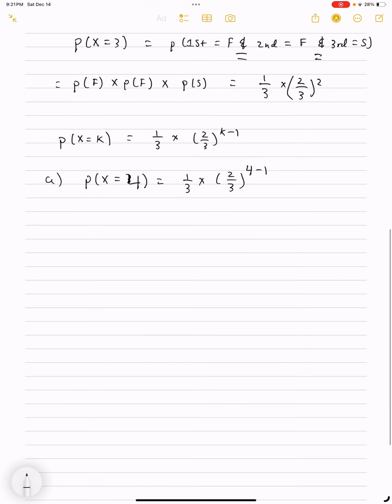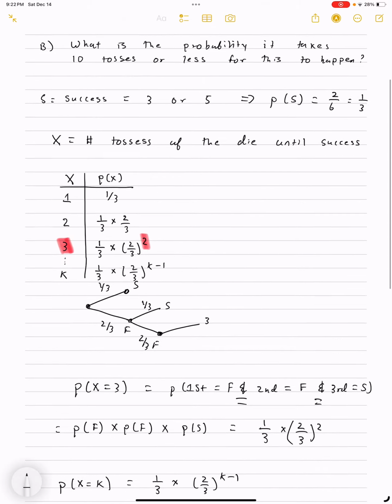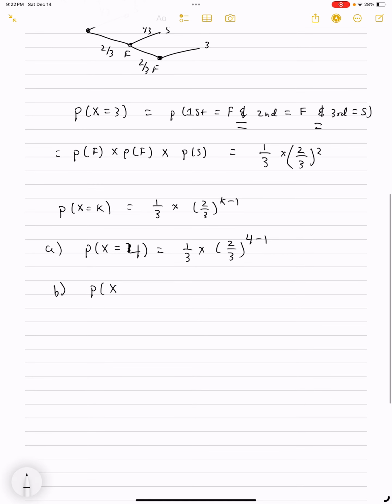So in part B, it asks us, what's the probability x is less than or equal to 10. So I get the success on 10 or fewer tosses or trials.